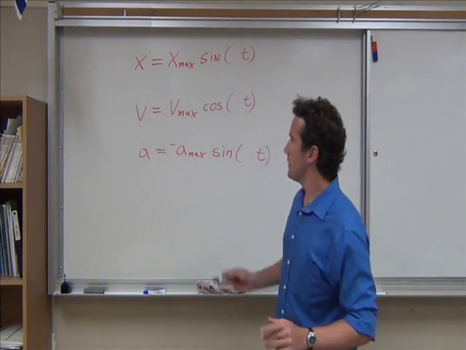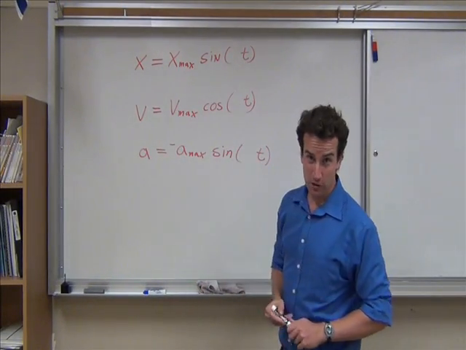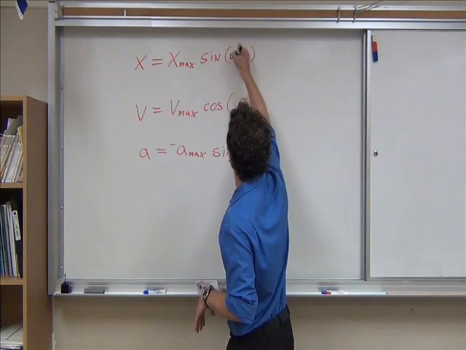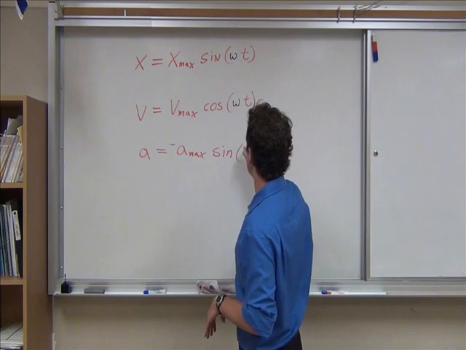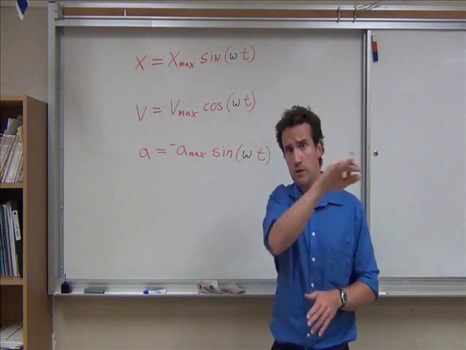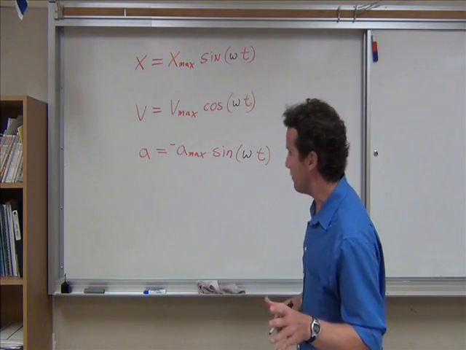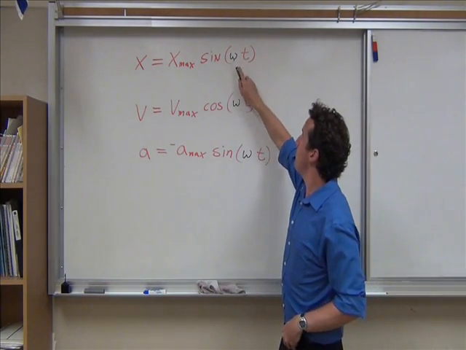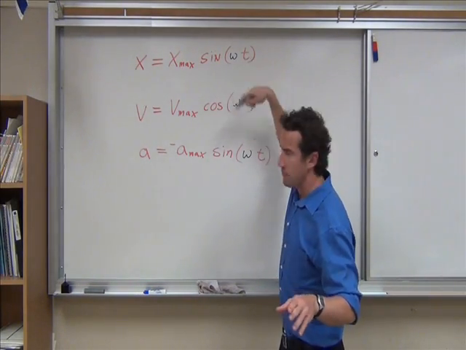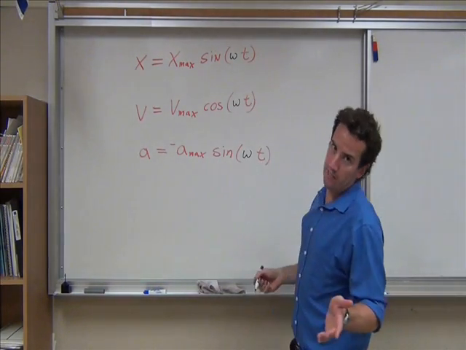So here we stand with these blank spaces in our functions. For the moment, I'm going to put in a constant symbol, omega. Looks like a W. It's the same for all three because they have the same period. But what is the period? Well, if omega times t is 2 pi, then that is a full cycle of sine using radians.